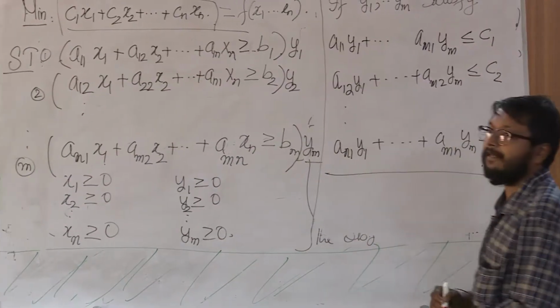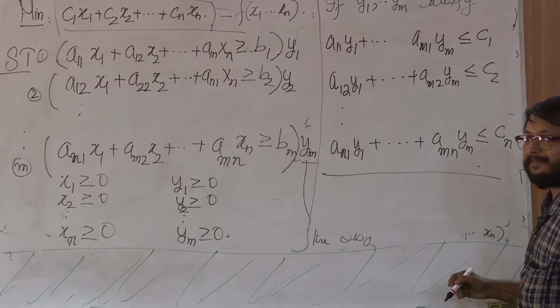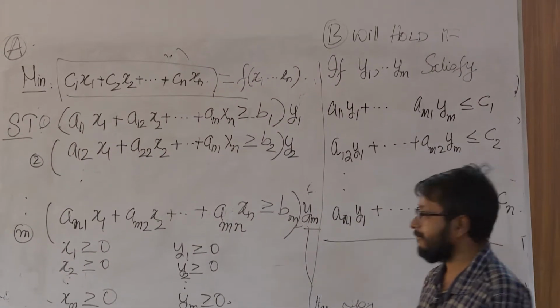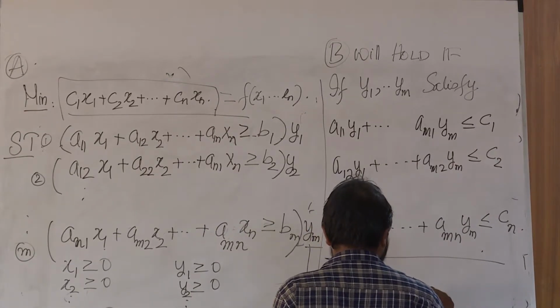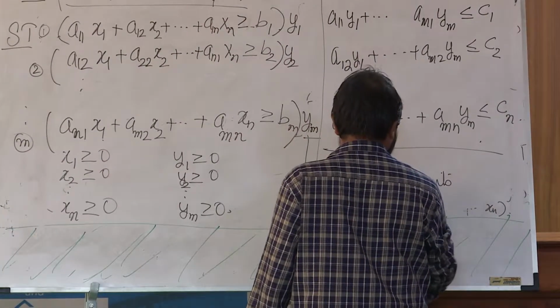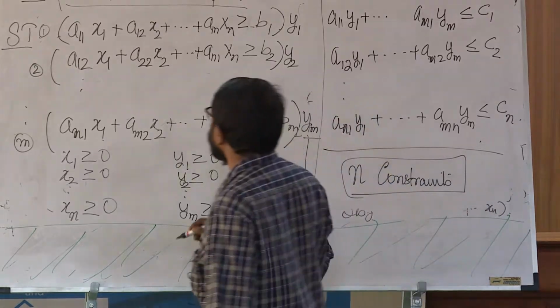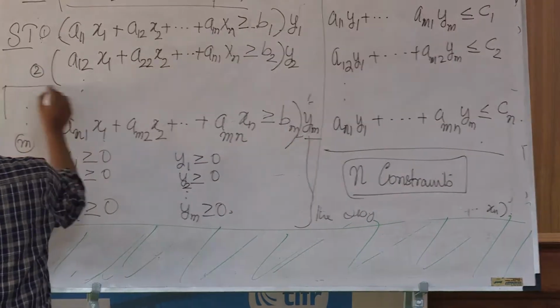So now how many constraints do I have? N constraints. Here I started with m constraints.